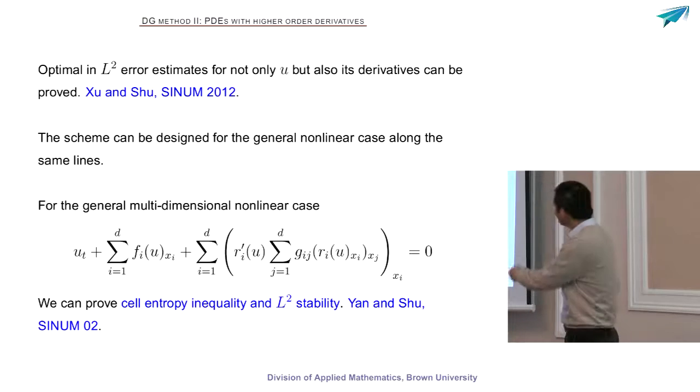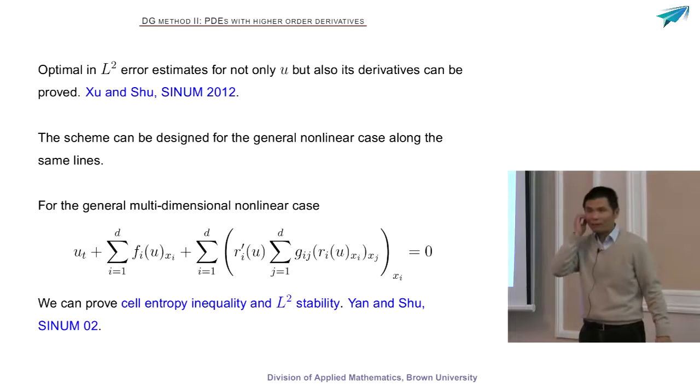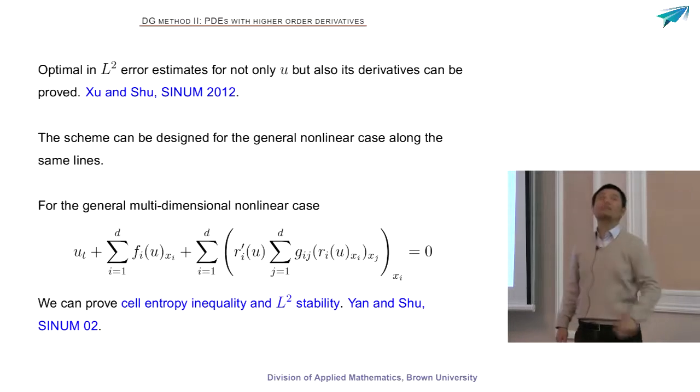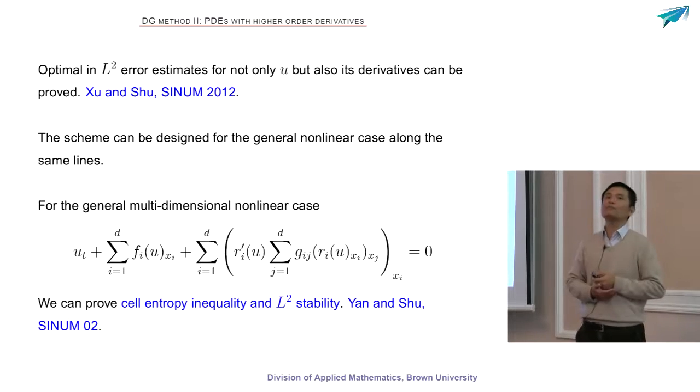This is a very recent paper in which we figured this out. We were then able to show optimal error estimates for the schemes I described. So actually, these schemes are very nice. They are optimally convergent in L2. They are very simple to formulate. Their choice of numerical fluxes is very simple.